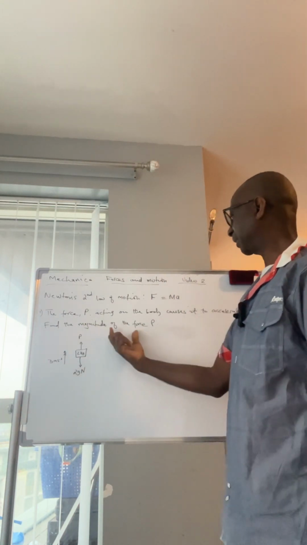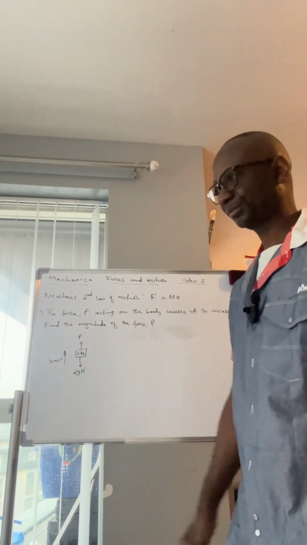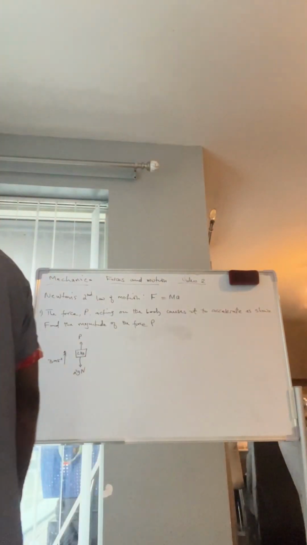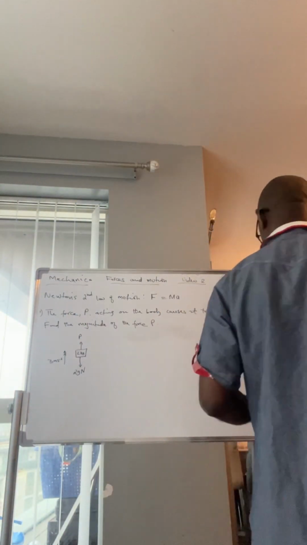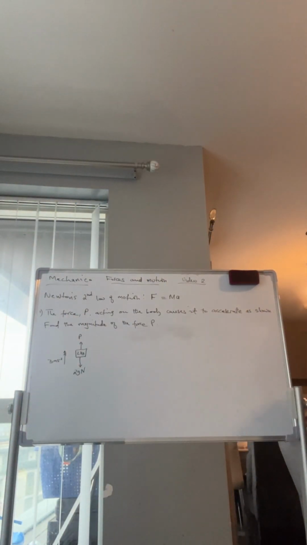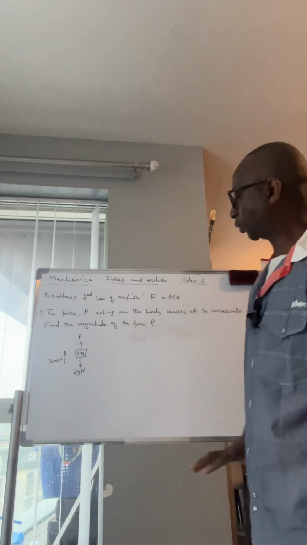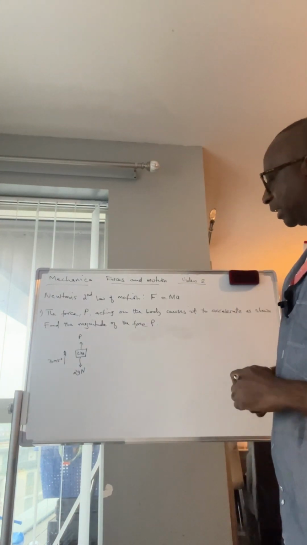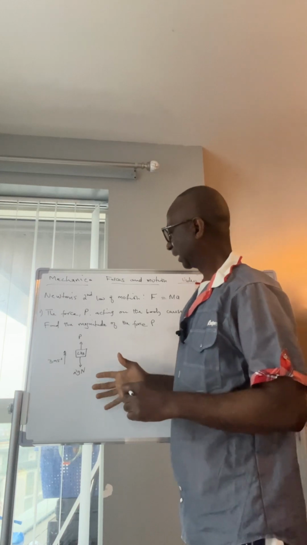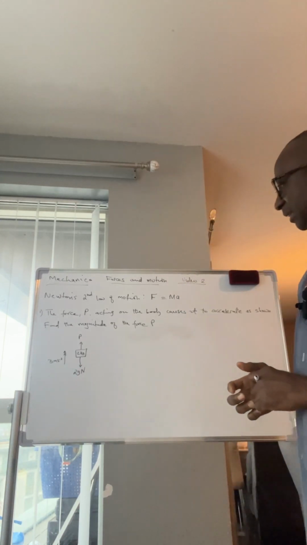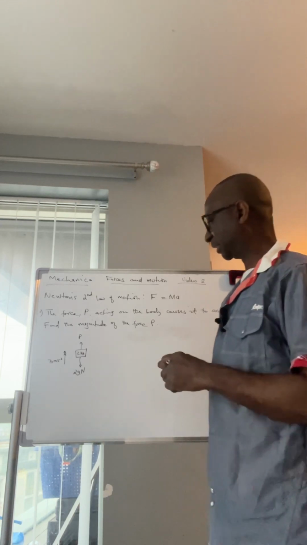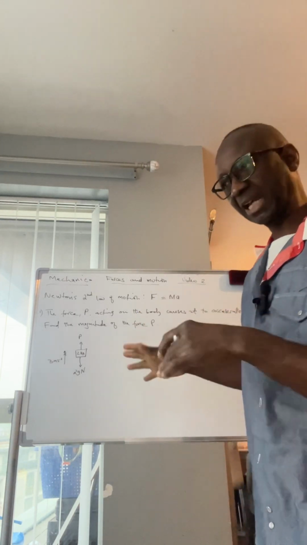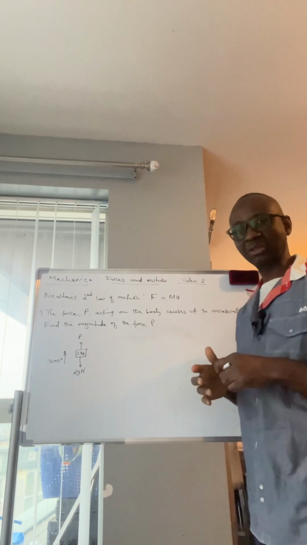So we are asked to find the magnitude of this force P. It's simple, as long as you know Newton's second law of motion. So we already know that for a body to be in equilibrium, all the forces acting on it, the net force must be equal to 0.